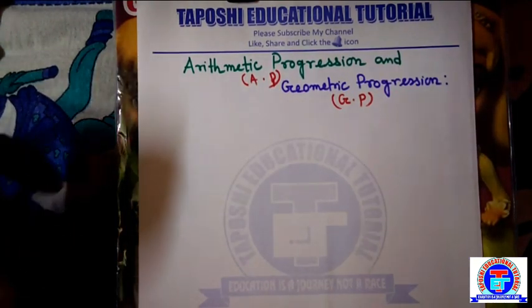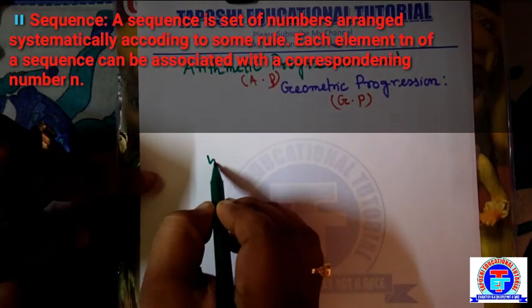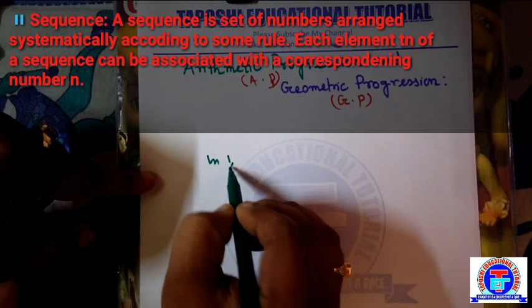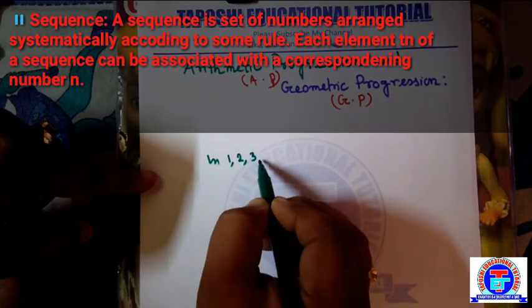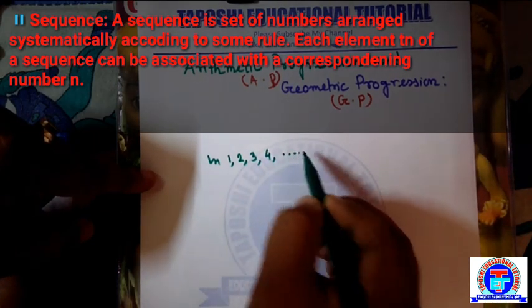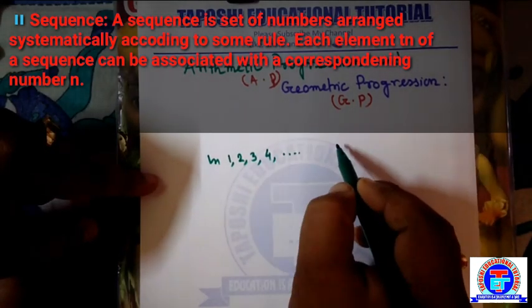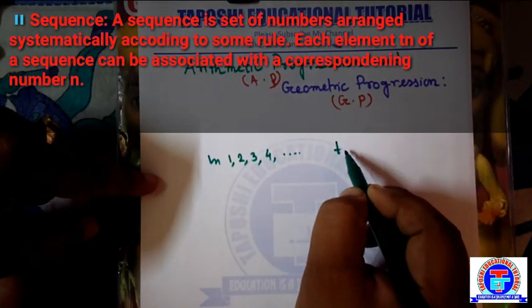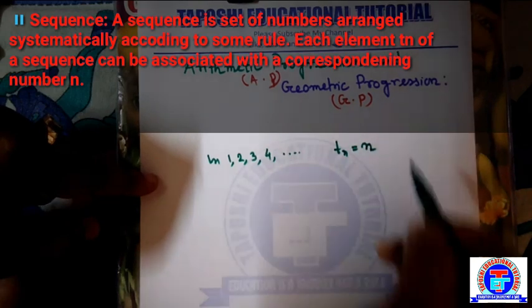For example, in 1, 2, 3, 4, and so on, here t suffix n is equal to n.